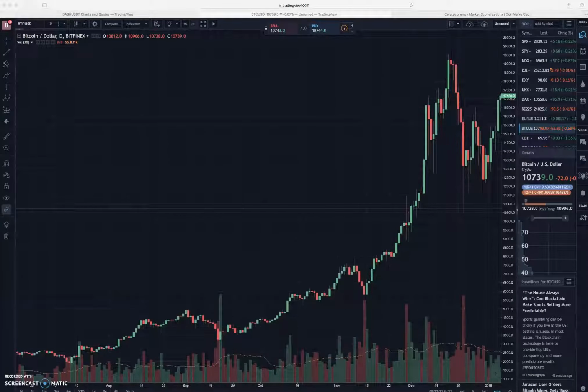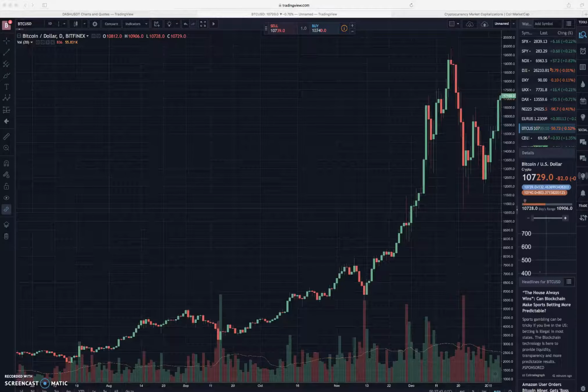I want to go over a couple trading tips, and this is going to be pretty basic in nature, but a lot of people don't understand this, and it can really give you an edge when you're making your trading decisions.